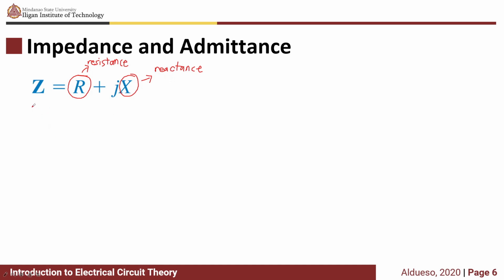So when our impedance is R plus jX, this impedance is inductive. But if our impedance is written as R minus jX, this impedance is capacitive. The impedance, the resistance, and the reactance are all measured in ohms.